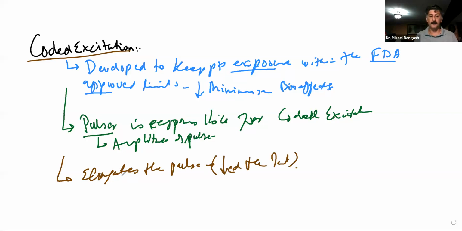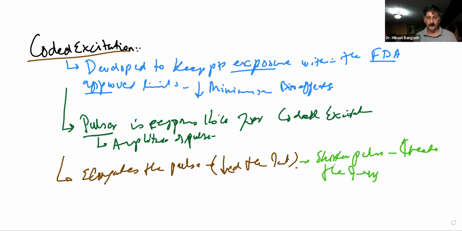But from that elongated pulse the system will use a shorter pulse to create the image.